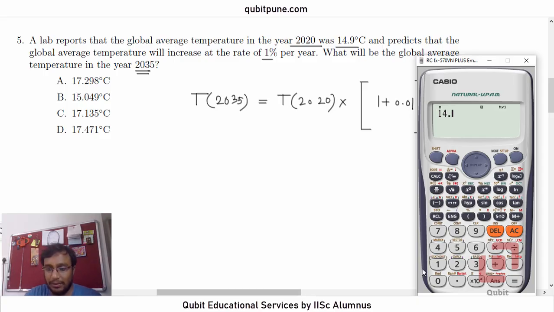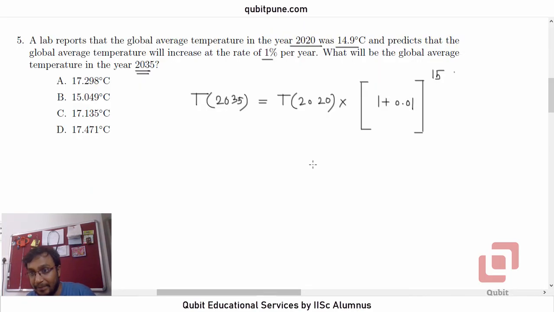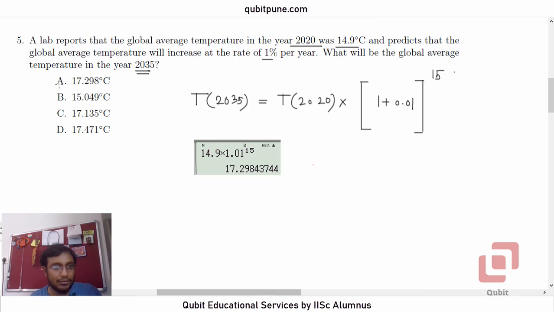T2020 is 14.9 times 1.01 raised to 15. That is 17.298. Now observe carefully, 17.298 is there in option A. So being the most accurate among the four, we must select option A.